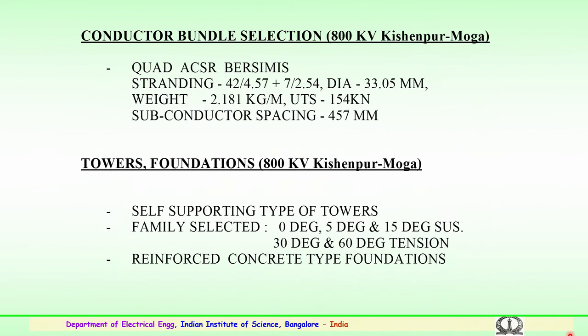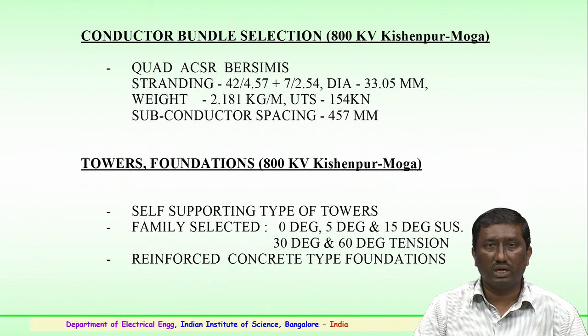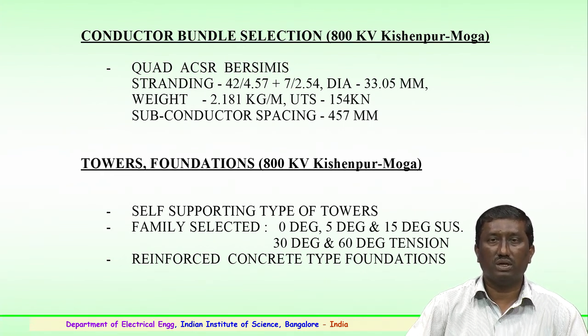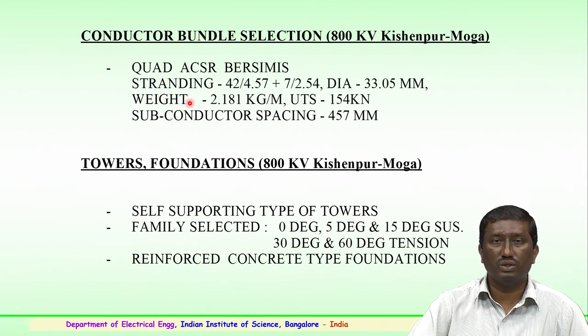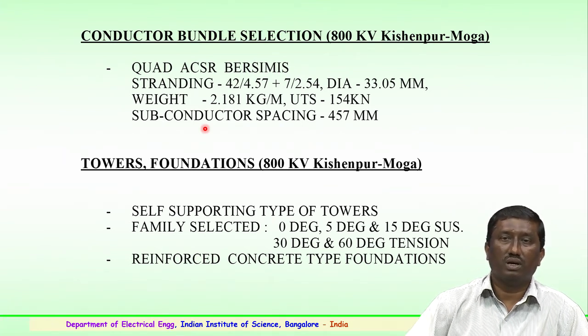So, what were the conductors used for this project? That was a quadruple ACSR, aluminum conductor steel reinforced. Bersimis was the conductor, which has a diameter of 35.05 mm, and it is a quadruple, that is 4 conductors in a bundle, and the total weight being 2.181 kg per meter, and the subconductor spacing was 457 millimeter.